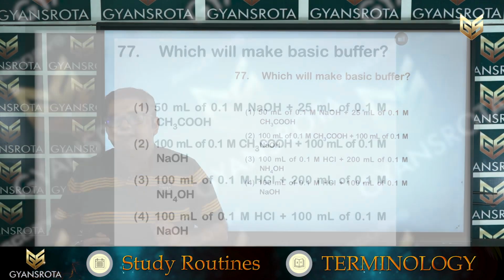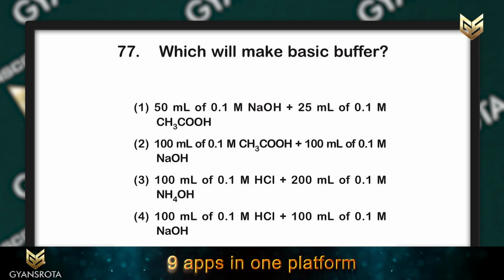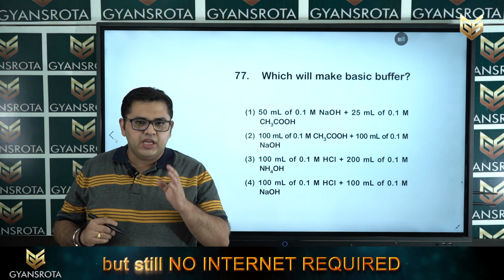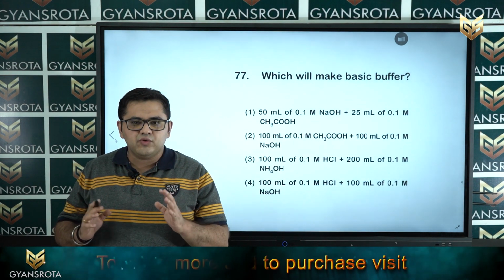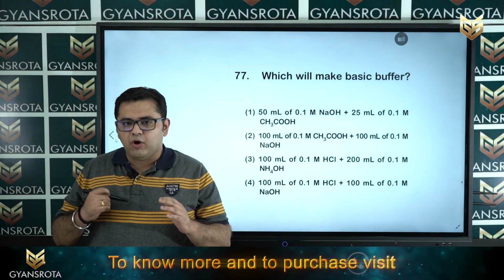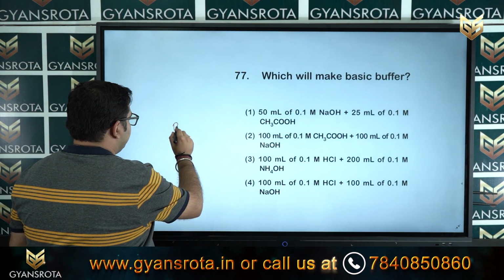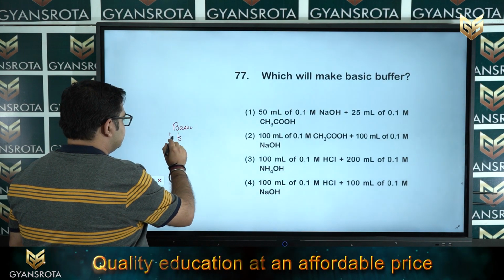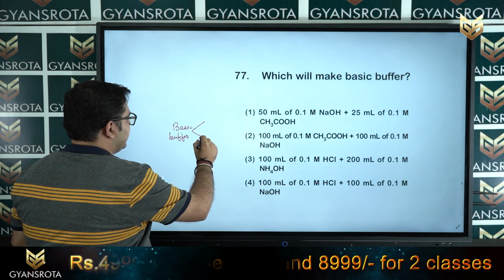So, question number 77 is given on your screen, which will make the basic buffer. Now, if you see in the equations, you have lots of numerical data. So, no need to go to the solution to solve each and every option. Just remember one concept, that is, your basic buffer consists of two things.